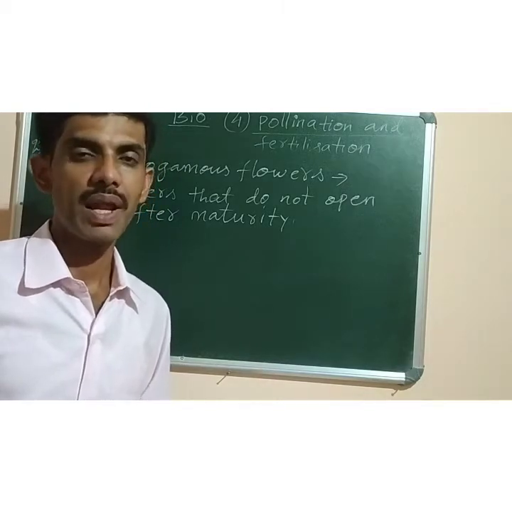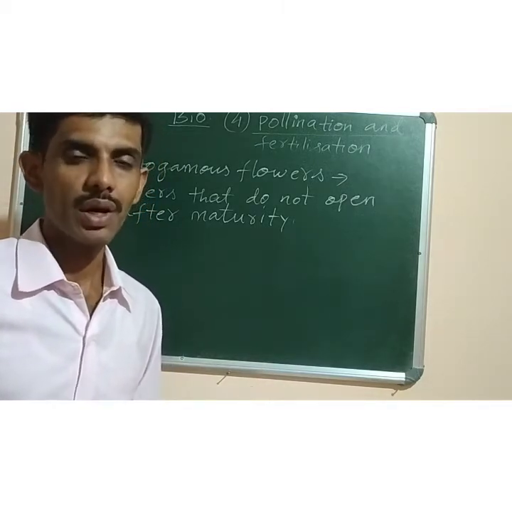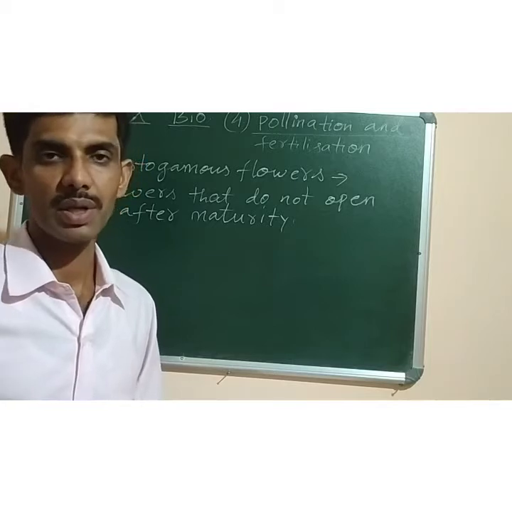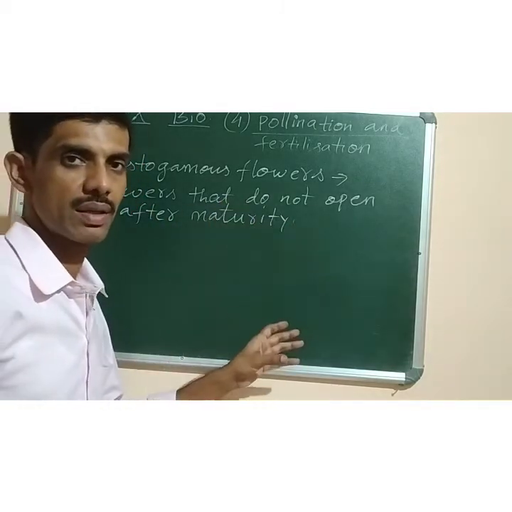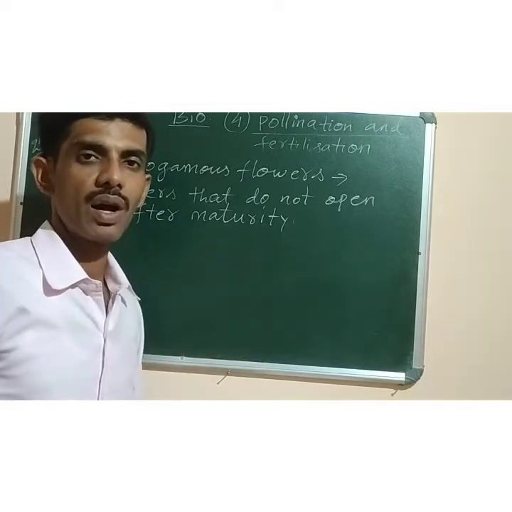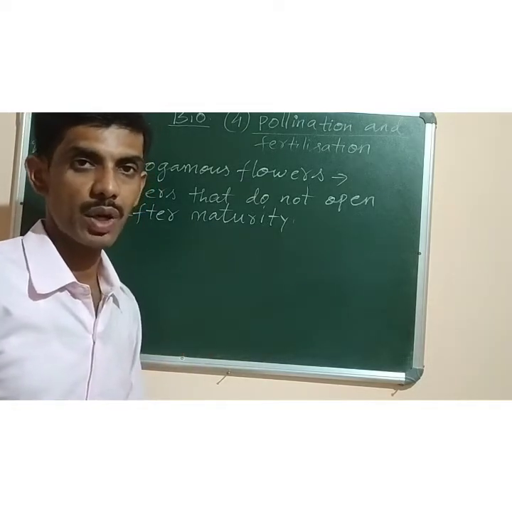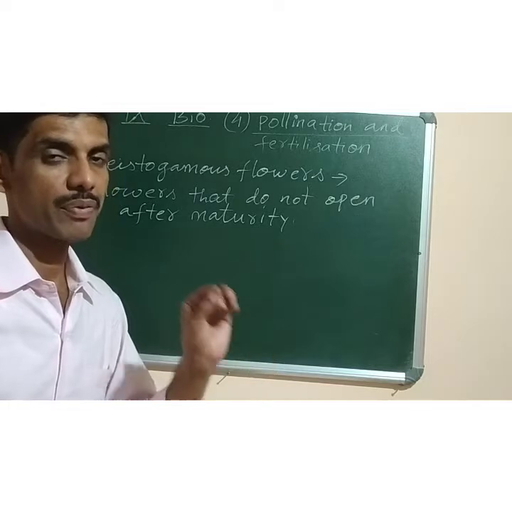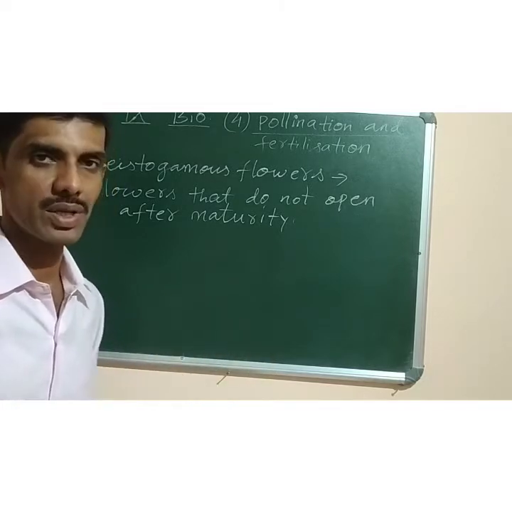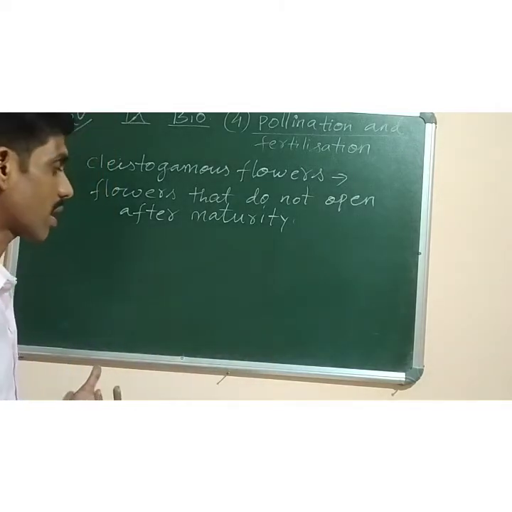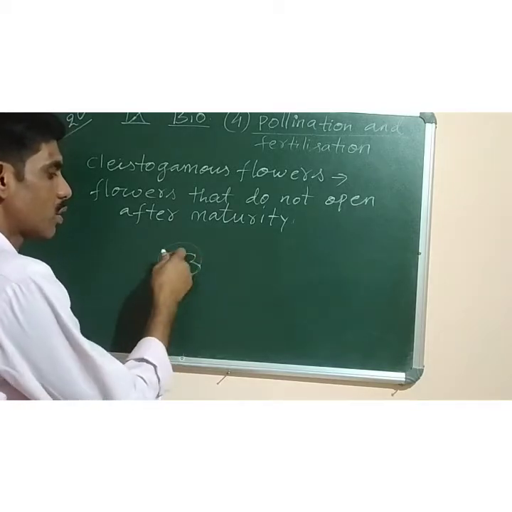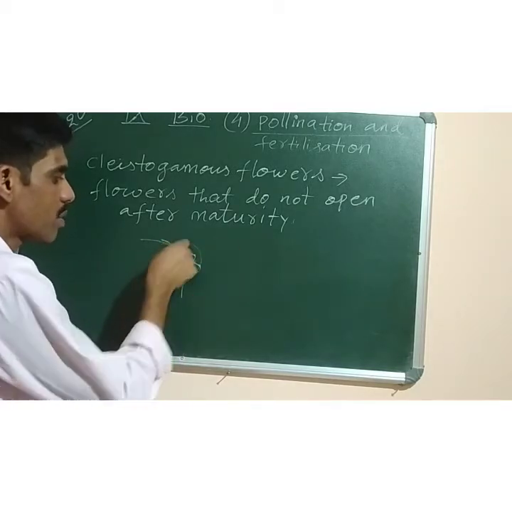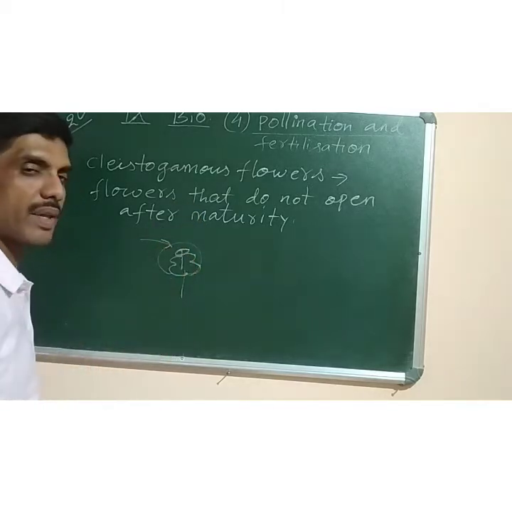It means the pollens from outside will not get deposited on the stigma of such cleistogamous flowers. So it means they are forced to undergo self-pollination only. Cross-pollination can never occur, because if a flower does not open, then pollens from outside can never land on the stigma of that flower.